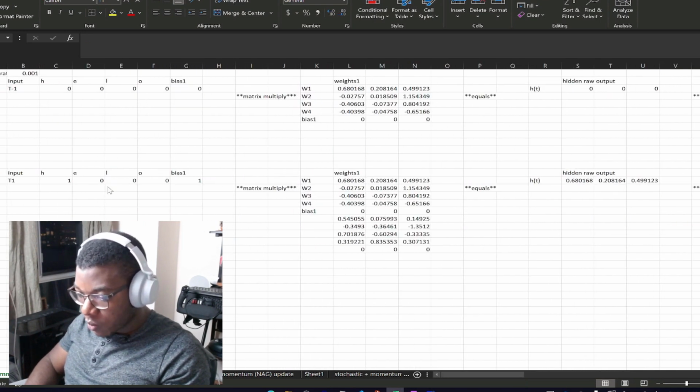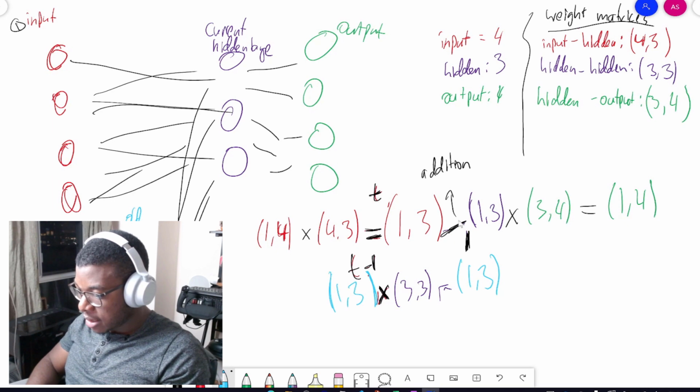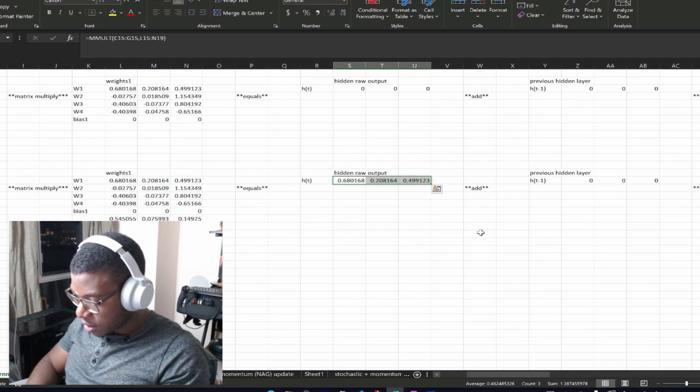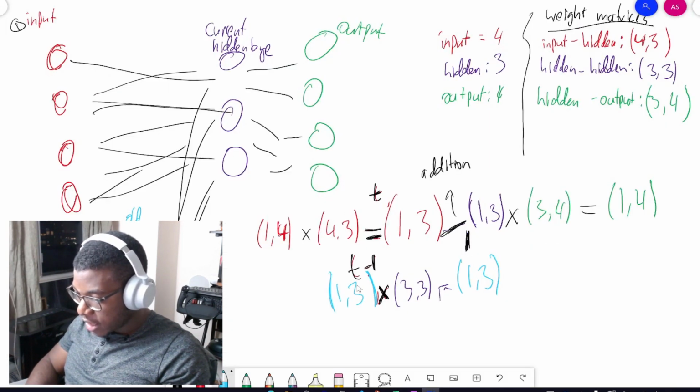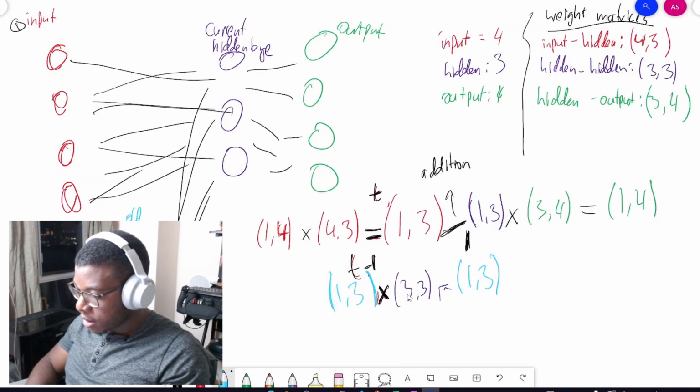So now in time step 1, what we're doing is we're taking our 4x1 matrix with the bias, and multiplying it by the 4x3 weight matrix here. And then what we're getting is a 1 by 3 raw output for the current layer. Then what we need to do is take the previous hidden layer and multiply it by a 3 by, oh, okay, that's what was going wrong.